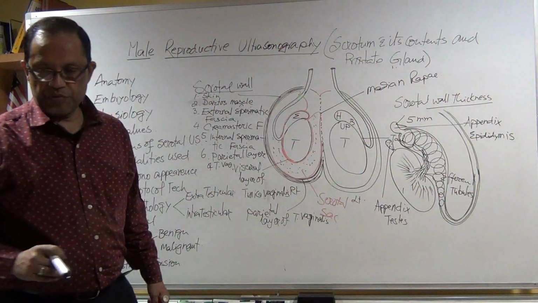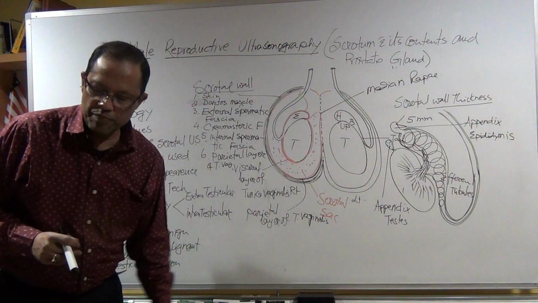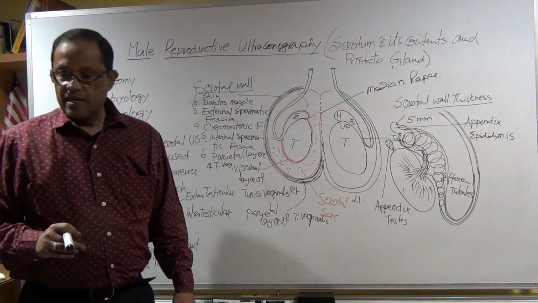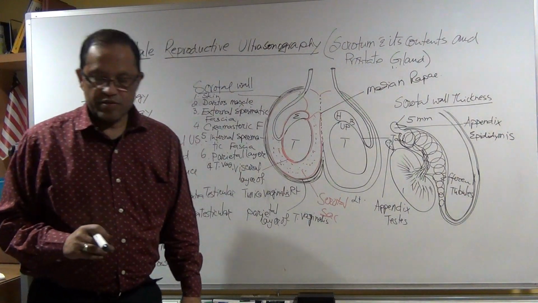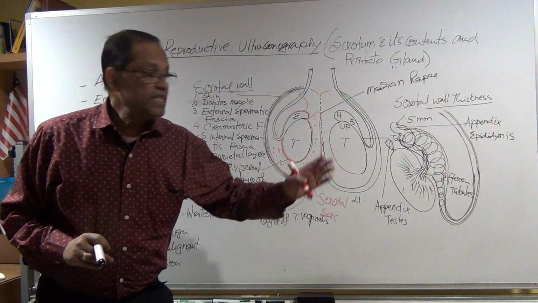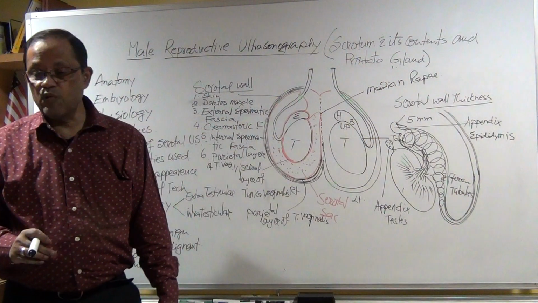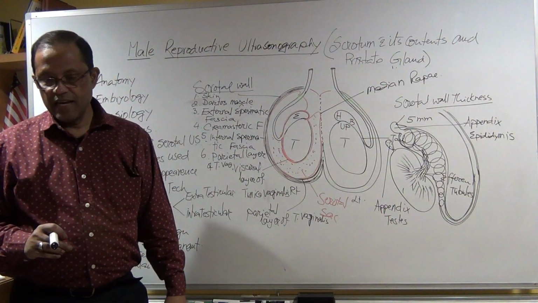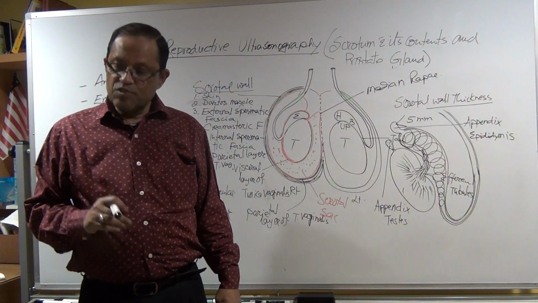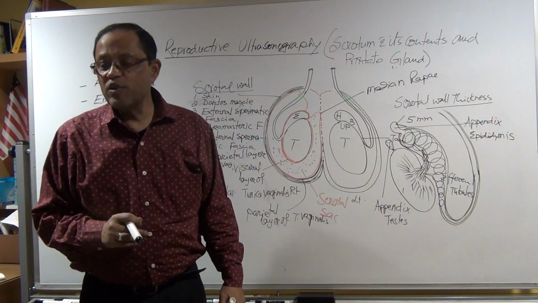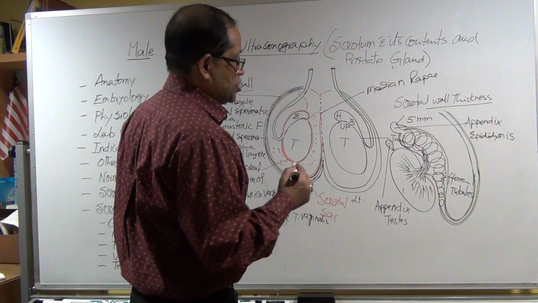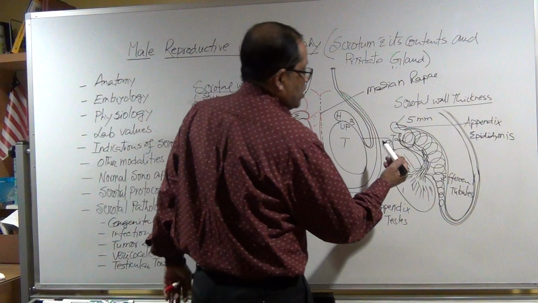Appendix epididymis. Is it pathologic? No. Can we see it? Normally we don't. Then when can we see? We can see when the background is dark. How could the background be dark? It's only possible when there's a fluid collection. That's why when there is a fluid collection, the background will be dark.